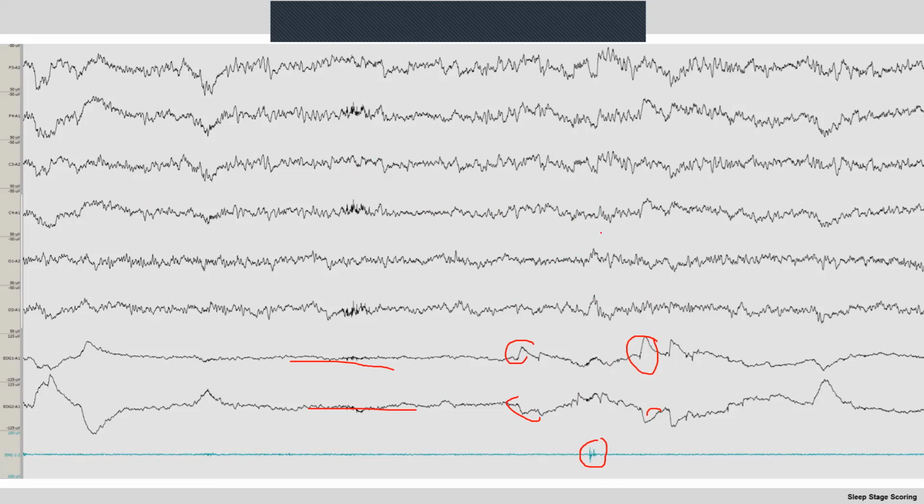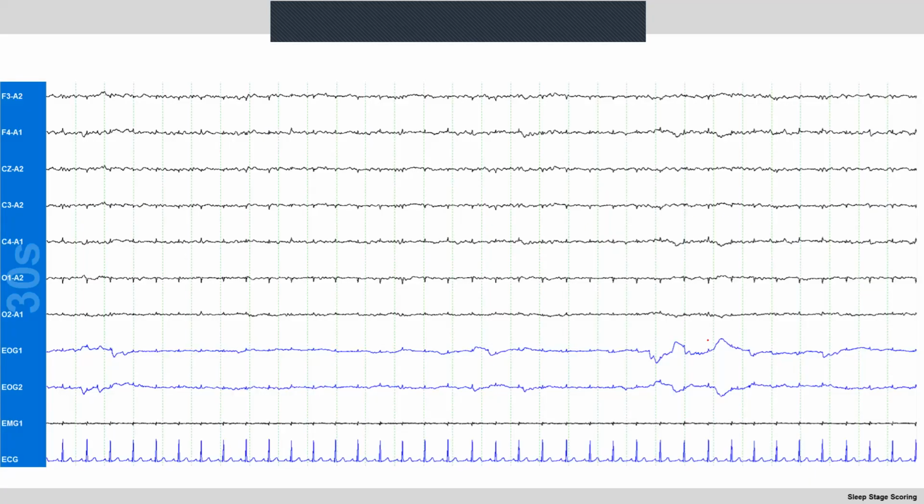Again, this is perfect. When you see REM sleep, the background is very clear, noise is very less, because atonia is there, so muscle activity noise is not there. So this is rapid eye movement, EEG activity is very low amplitude, and EMG is very low.